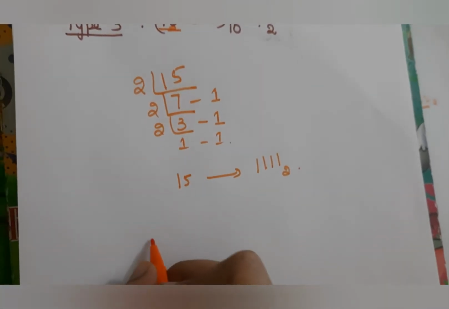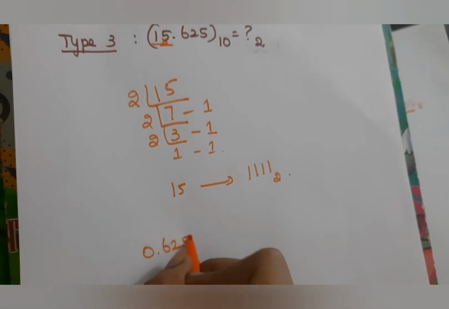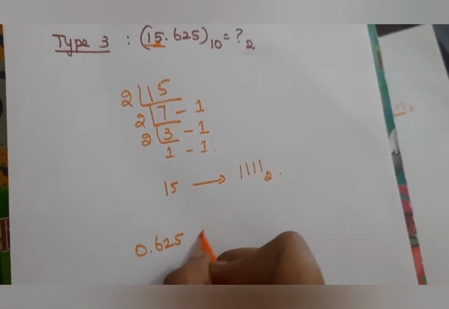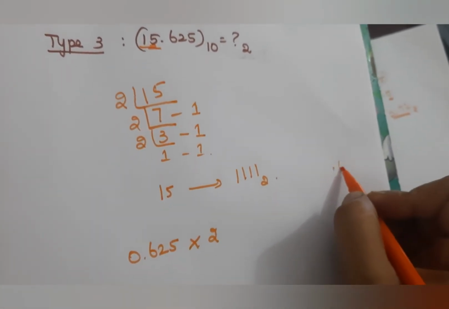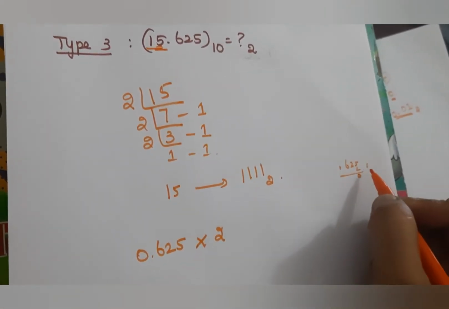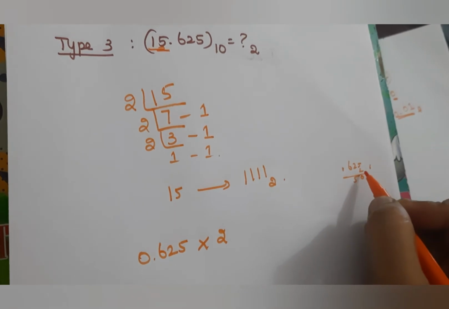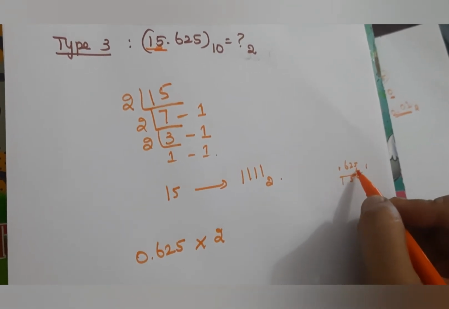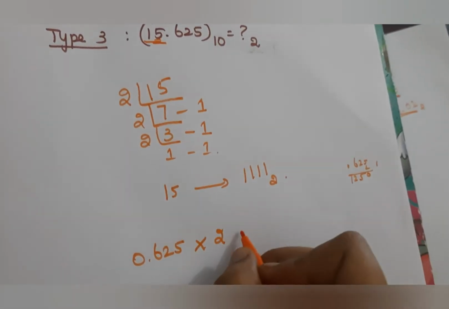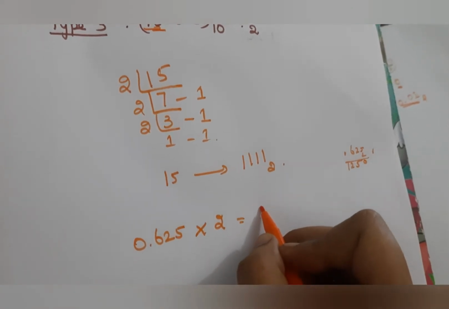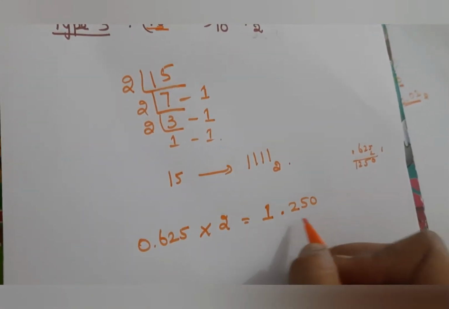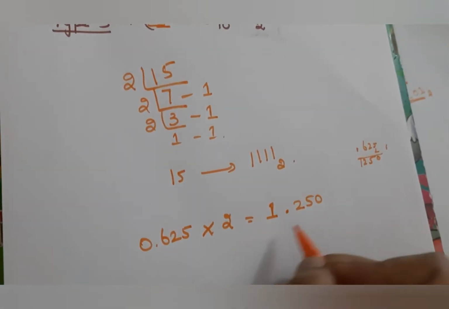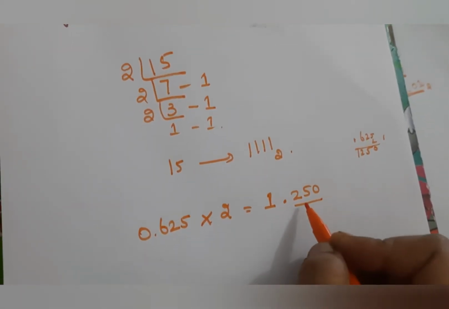And next, for the fractional part, we have to multiply it by 2. So multiplying 0.625 by 2 gives 1.250. So we have to take the fractional part only.